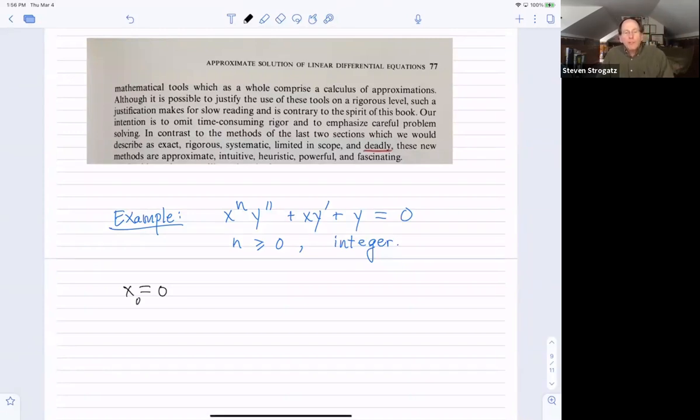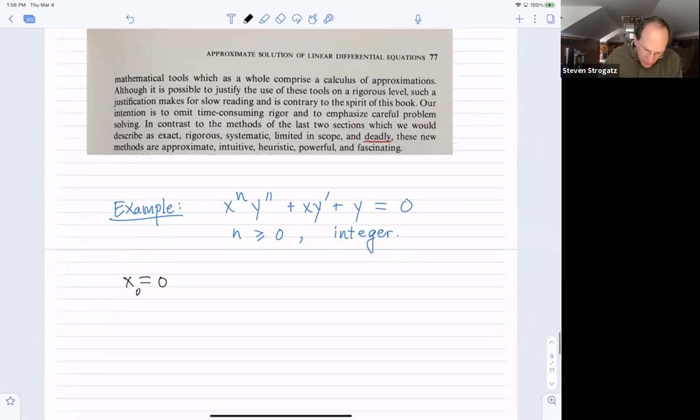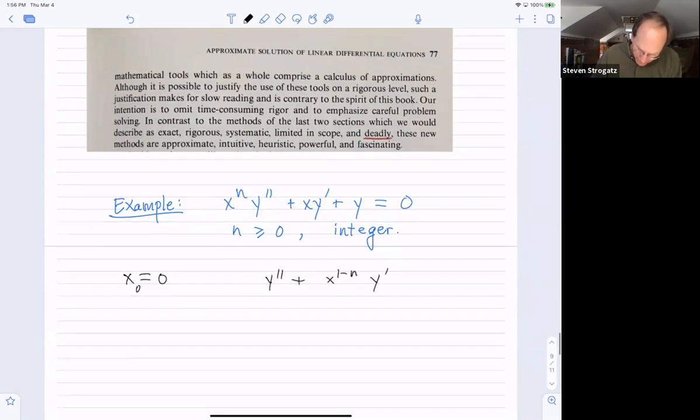Now, what are we supposed to do? I suggested looking at it as my coefficient of y double prime is supposed to be 1. So this would give me plus x to the 1 minus n times y prime plus x to the minus n times y equals 0.